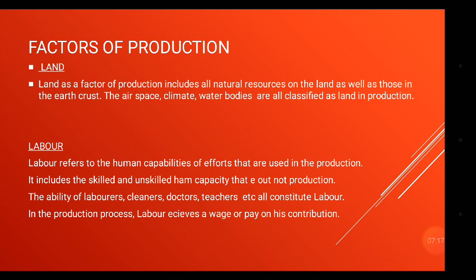Such things are investments that are made so that the production can take place. But as for labor, labor is paid for every effort he contributes towards the work. And so with this, we can say that labor is generally the human efforts that come into the production process.